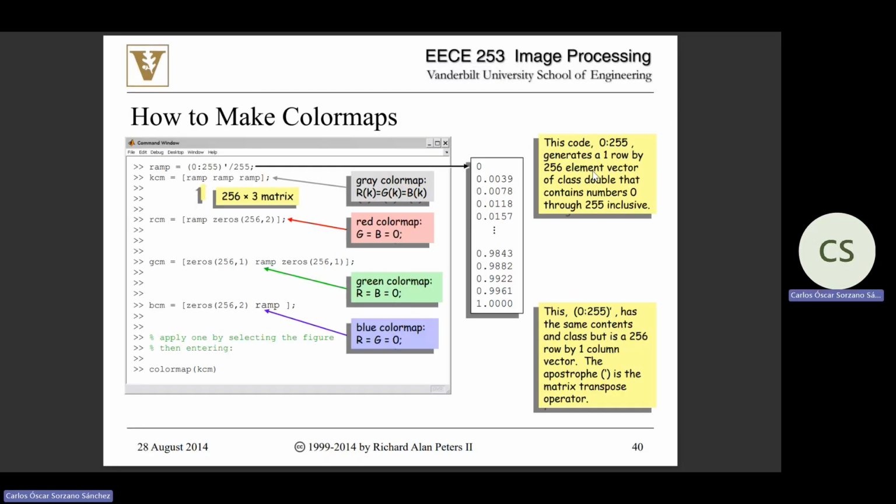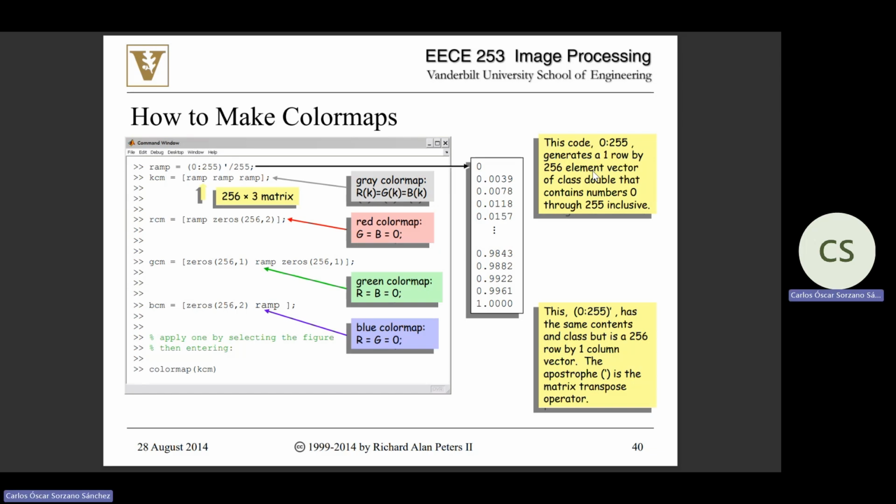Okay, so then I can construct color maps of any kind. So for instance, I can construct a vector that goes from 0 to 1. That will be one of the columns of the color map. And I can construct several color maps with that. I can put 3 times the same.